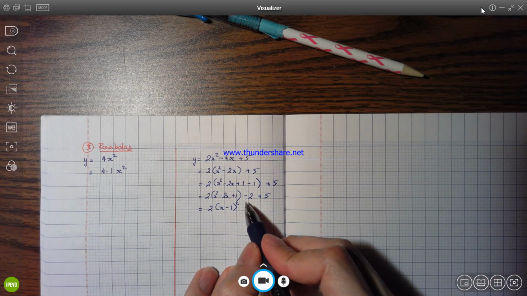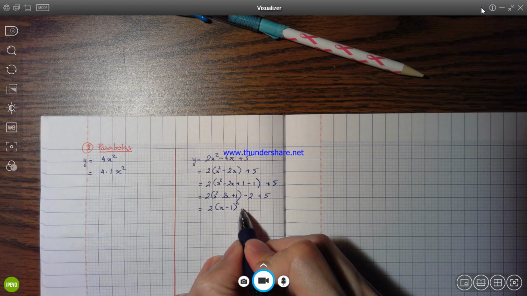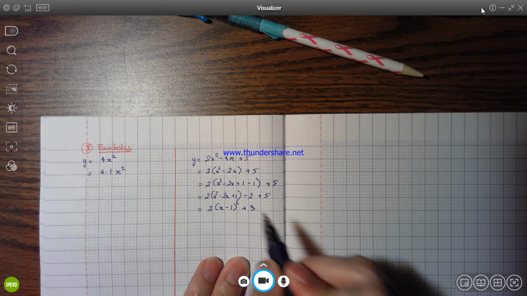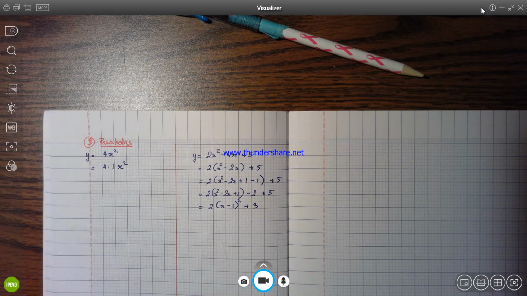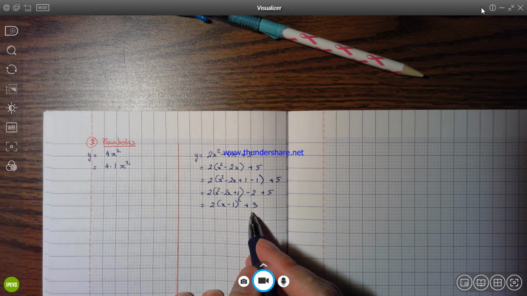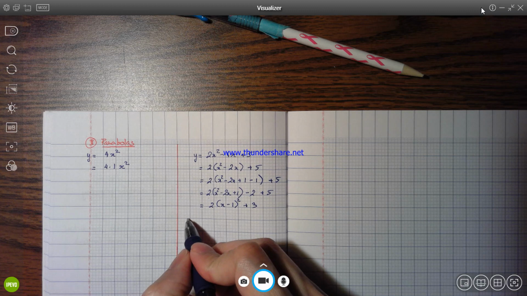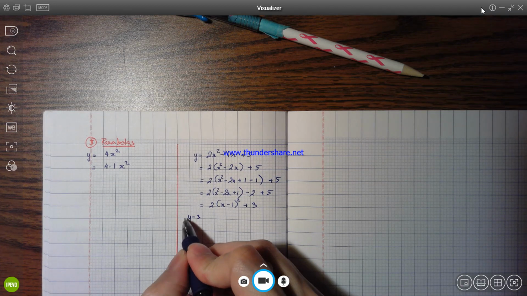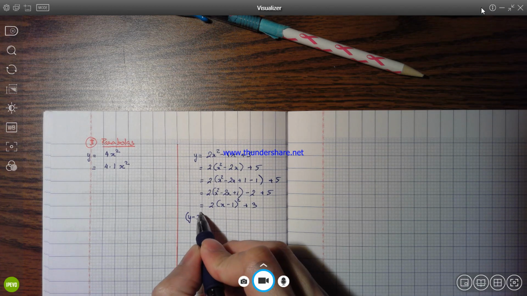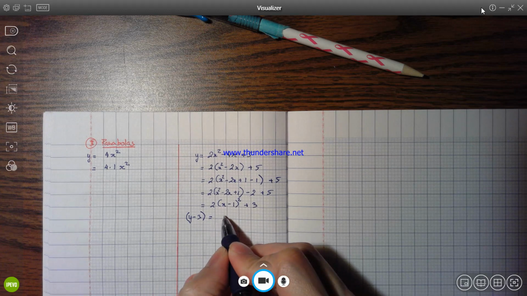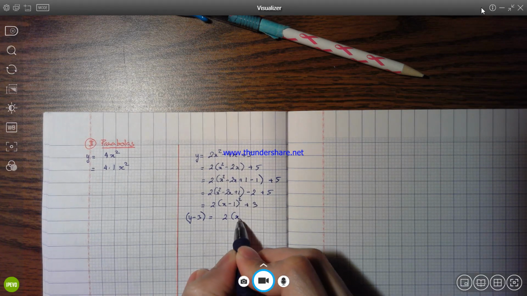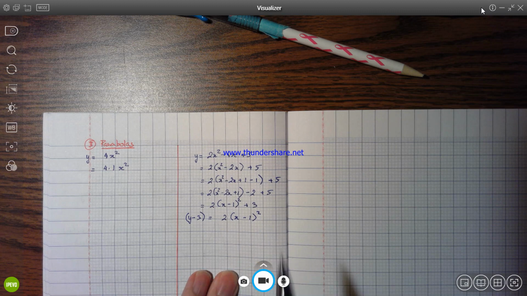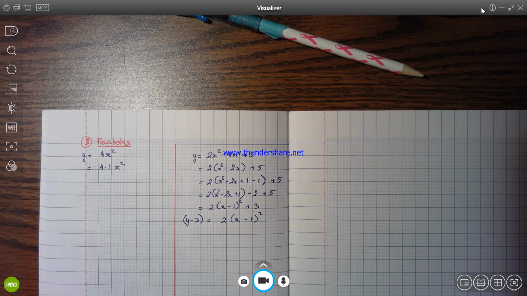And negative 2 plus 5 gives you positive 3. Right? And over here, I'm going to subtract both sides by 3, so I'm going to have y minus 3 equal 2x minus 1 squared. Right? Everybody agree with me, right?